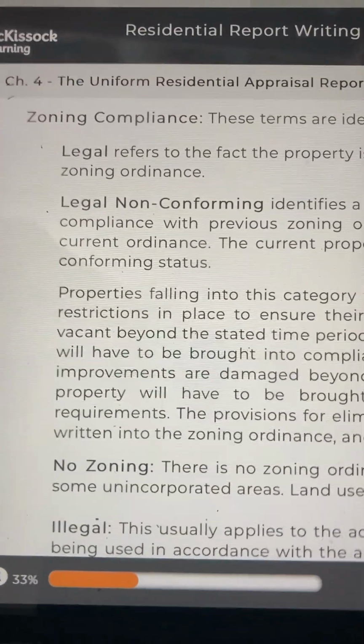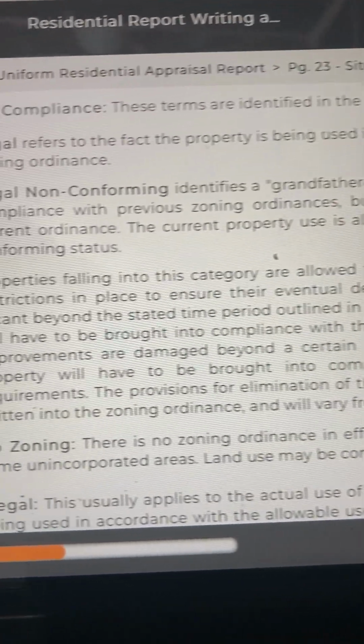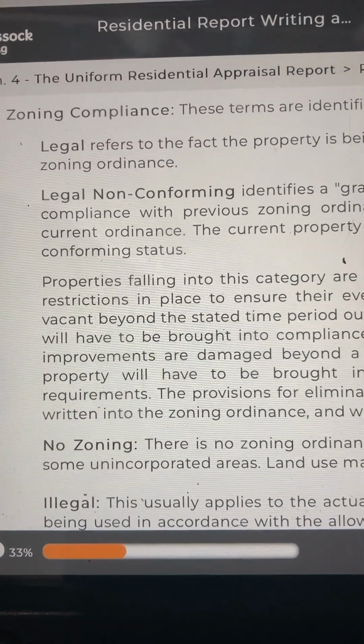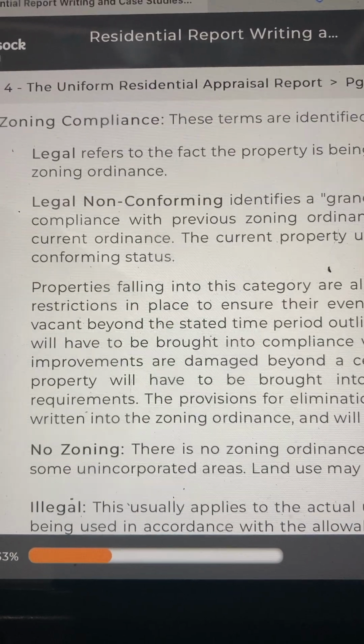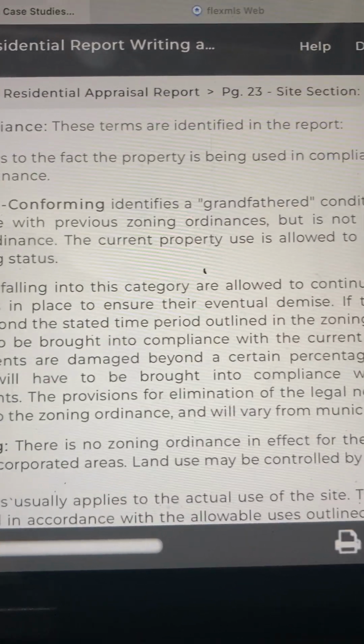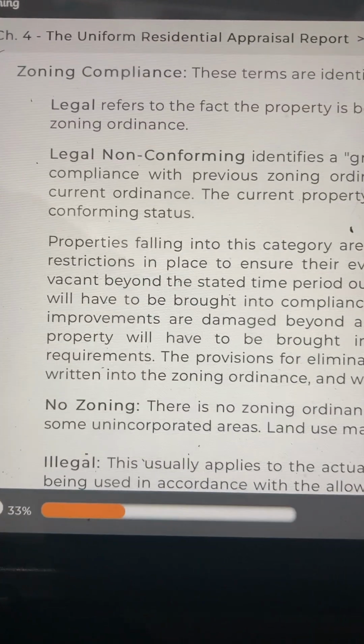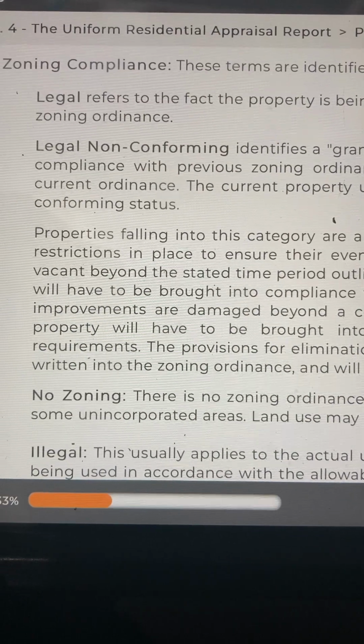Zoning compliance. These terms are identified in the report. Legal, that's highlighted, refers to the fact the property is being used in compliance with the current zoning ordinance.